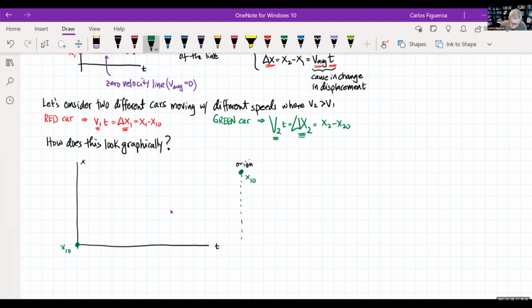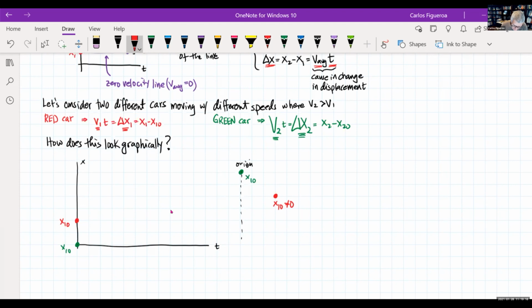Now, if I have a red car and it's some distance from the origin, let's say that it's this distance right here. So you could see that the initial position of the red car is not at 0. And maybe I draw a point right here. And this point here is what I'm going to call x1 initial.